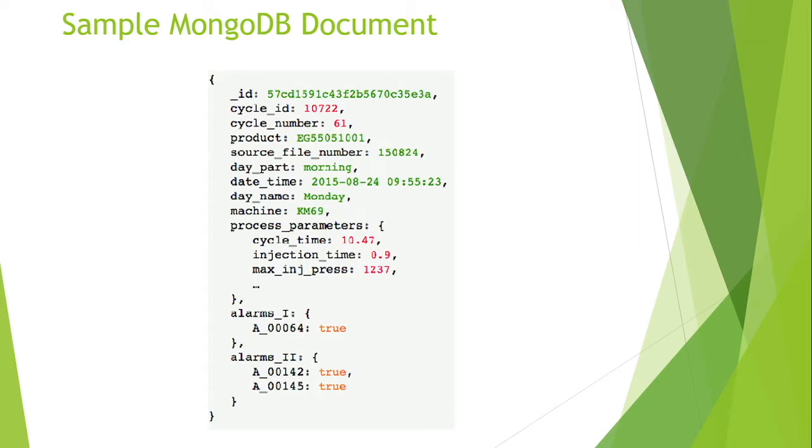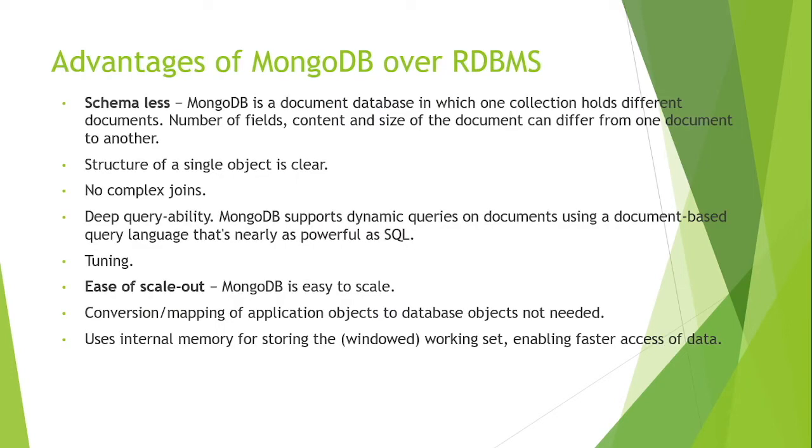You can see that it is simply a JavaScript object which uses key value pairs. This is the key which defines the field, and this is the value of that field. So this is how a MongoDB document looks, and we use it in a MongoDB collection. There are many collections inside which these documents are present.